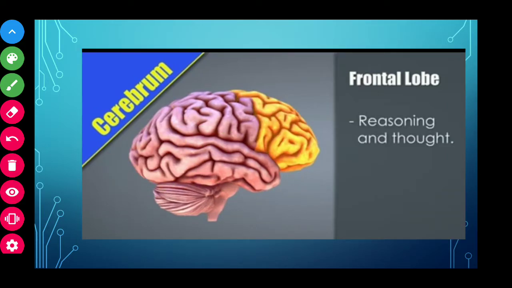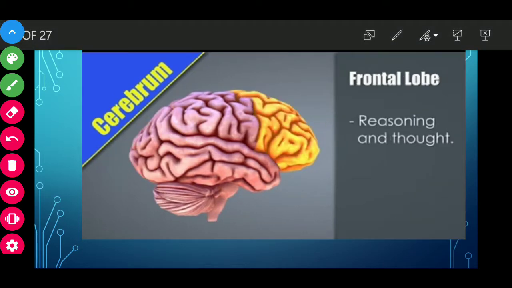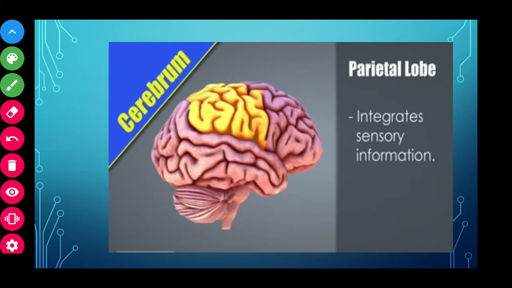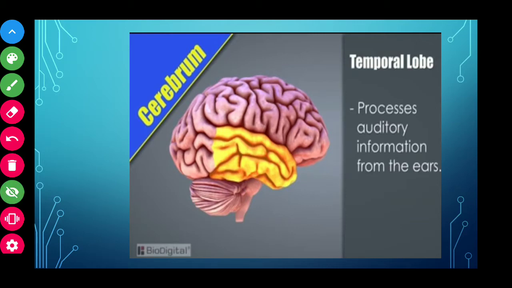Frontal lobe, which is responsible for reasoning and thought. Parietal lobe, which is responsible for integration of sensory information. Temporal lobe, which is responsible for processing auditory information from the ears.